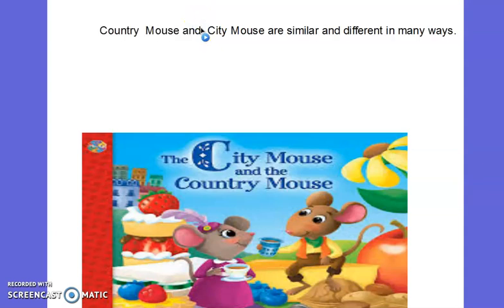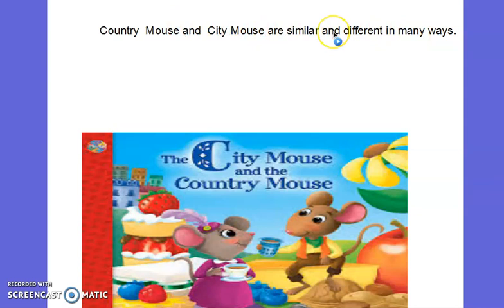The topic sentence is to introduce our paragraph. When we read this sentence, we know what our paragraph is about. What is our paragraph about? It's about the city mouse and the country mouse. So we leave a space and we write the topic sentence. Country mouse and city mouse are similar and different in many ways.